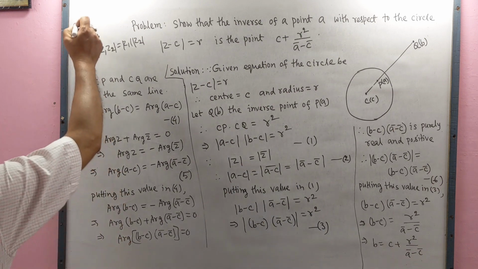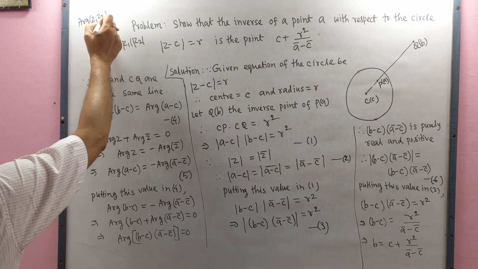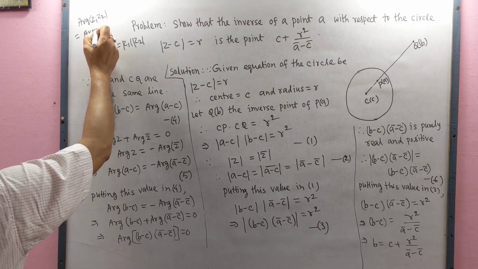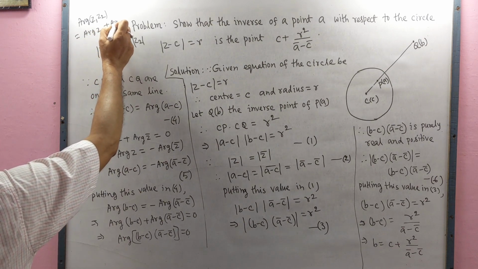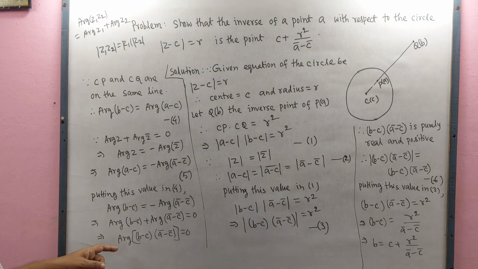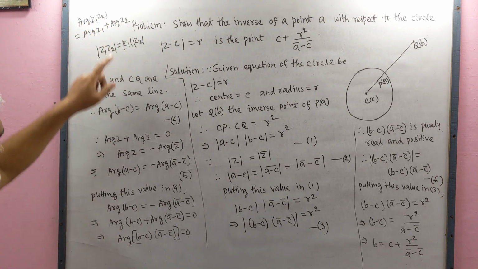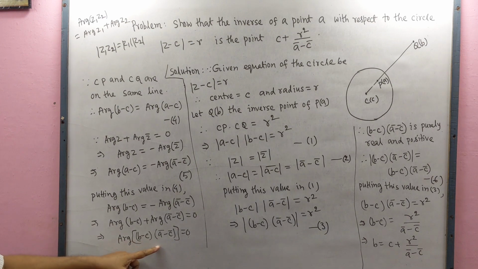We know that argument of Z1 Z2 equal to argument Z1 plus argument Z2. So, argument Z1 plus argument Z2 equal to argument of Z1 multiplied by Z2. Here we have applied this formula. Argument is 0. That means B minus C multiplied by A bar minus C bar is purely real and positive.